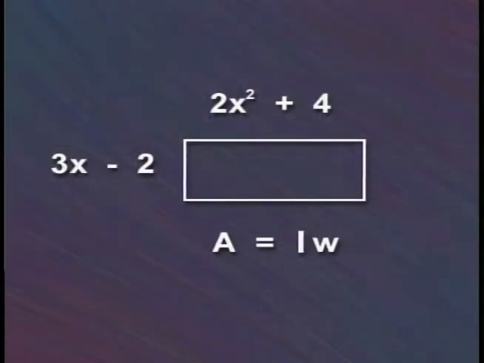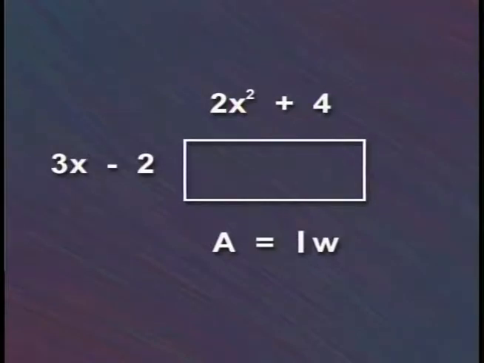The length of one side can be represented by the expression 3x minus 2, while the length of the other side is represented by 2x squared plus 4. The area of a rectangle is calculated by multiplying the length times the width. What makes this problem difficult is that the length and width are expressed in terms of variables and not numbers.